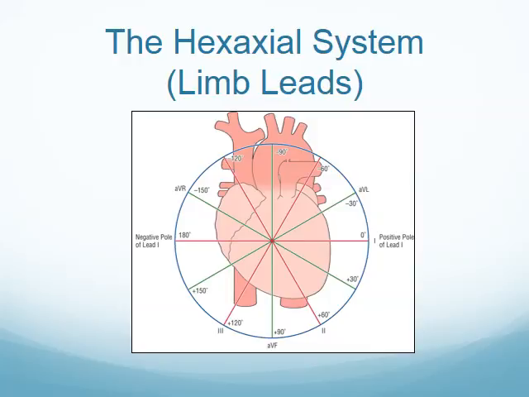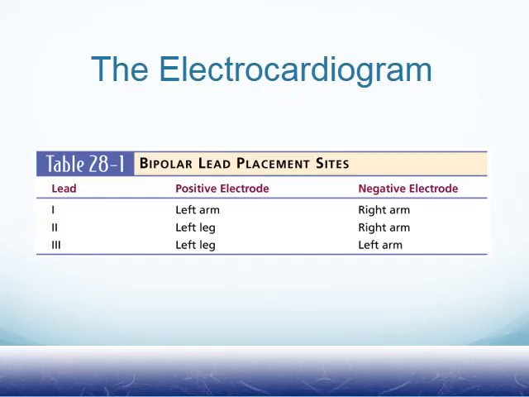So whenever we start talking about axis, just keep this in mind, that we're going to use this hexaaxial system to determine the mean flow of electricity in the patient based on their EKG. As we already discussed, here are our positive and negative electrodes for each lead.